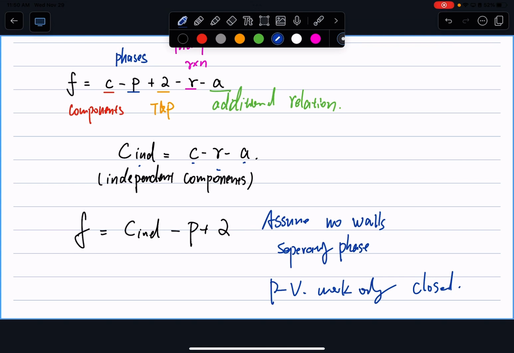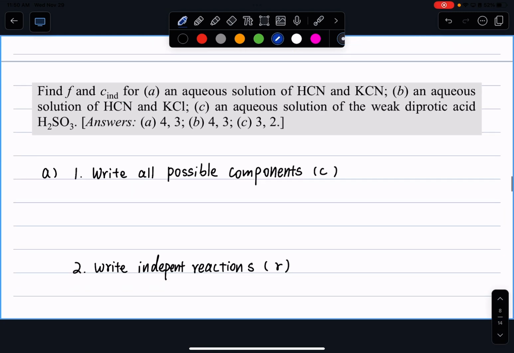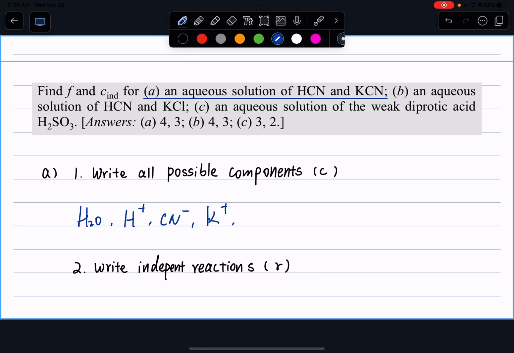So let's do one example together. We're running out of time, but we'll quickly do this example together. Let's say we have an aqueous solution of HCN and KCN. So the algorithm is to first write all the possible components. We have H2O, we have H plus, we have CN minus, we have K plus, and you have your HCN, right?